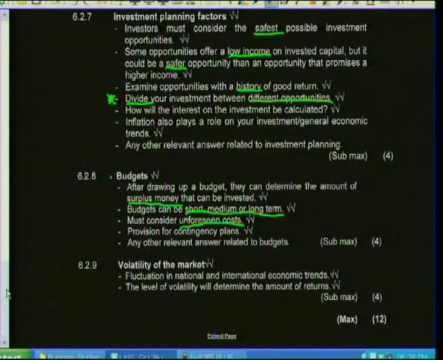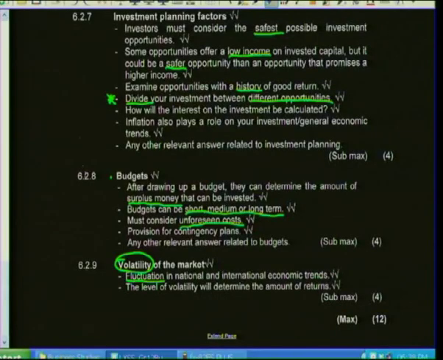Our last factor that we need to talk about is volatility. Oh, that is a hectic word. What does it mean for something to be volatile? Volatile means explosive, like a volcano. Now, if we look at it, markets can be volatile. Markets can go very well, and then the next day it can go bad.